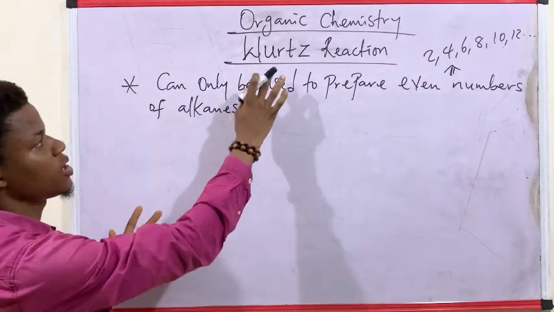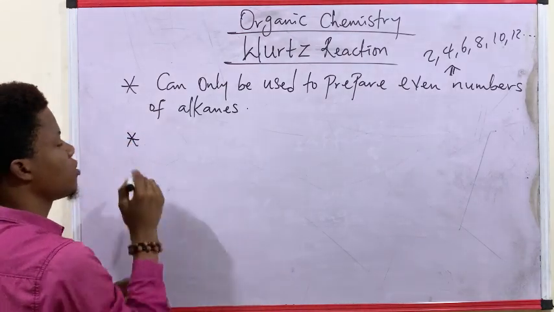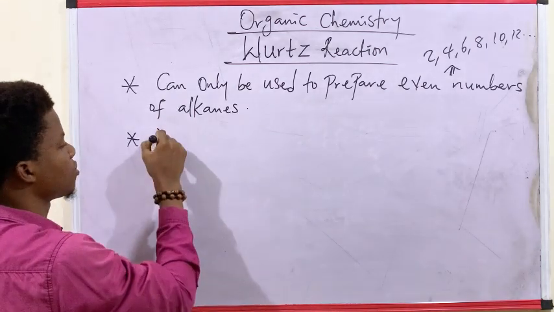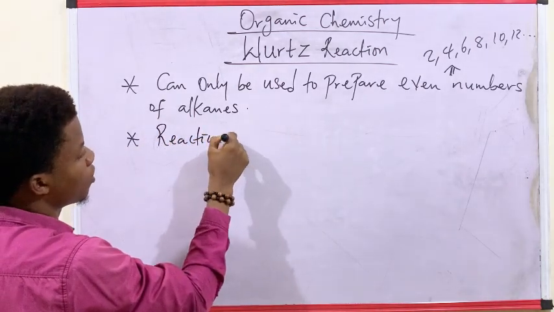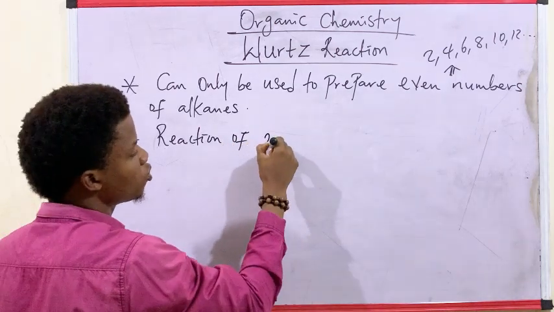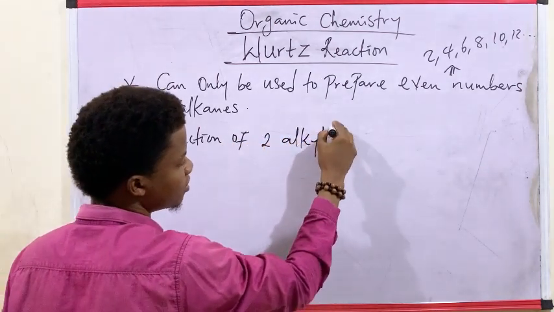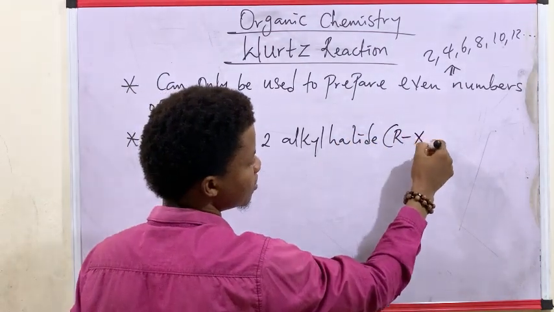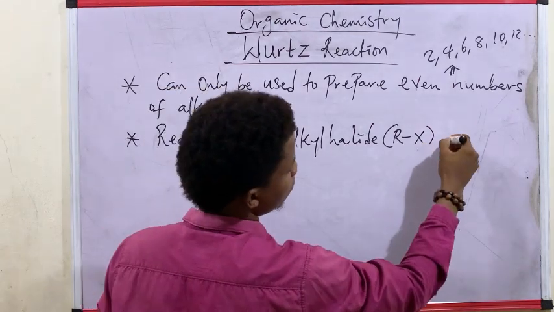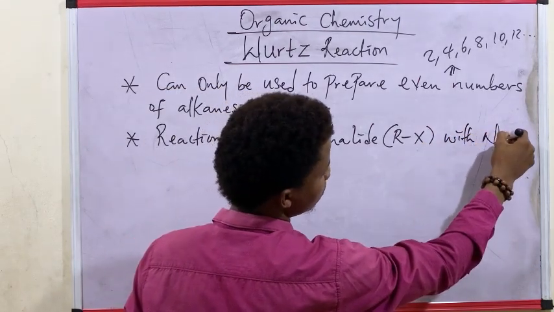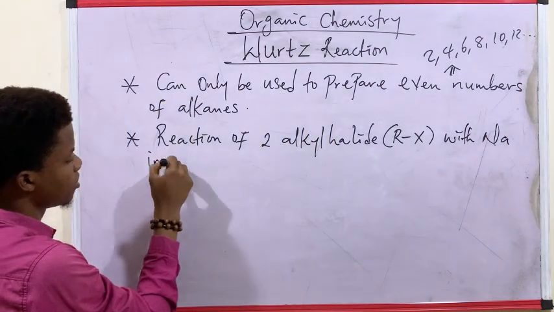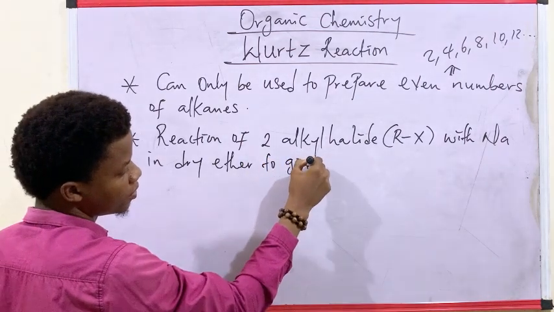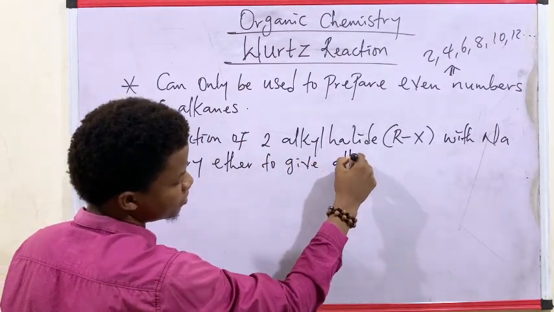Now, what does this reaction entail? The Wurtz reaction talks about the reaction of 2 alkyl halides, are you getting it, with sodium in dry ether to give alkanes.